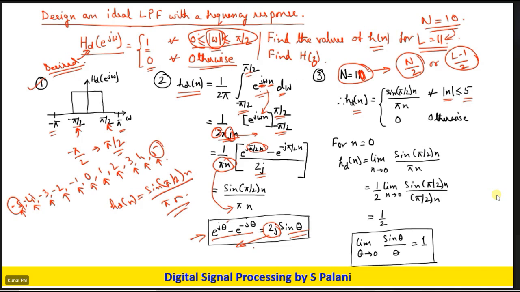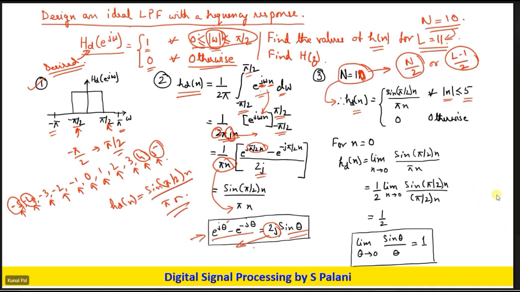Similarly, h(-4) and h(4) would be the same, and so on. So we can rewrite this h_d(n) value in this fashion: sine of πn/2 divided by πn for modulus of n less than or equal to 5 and 0 otherwise.